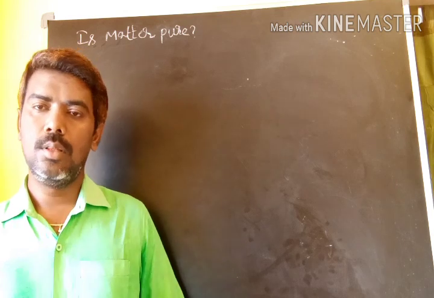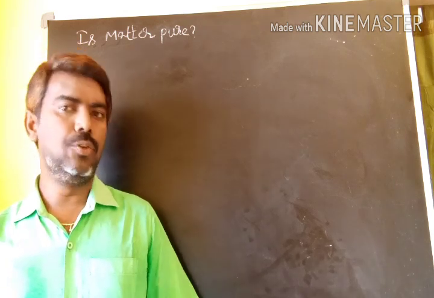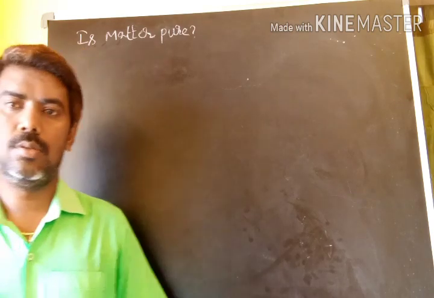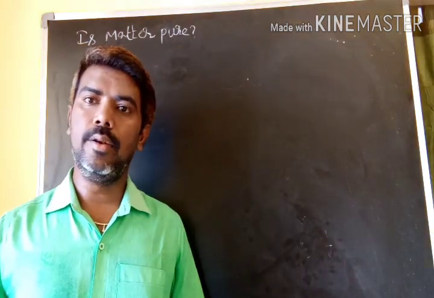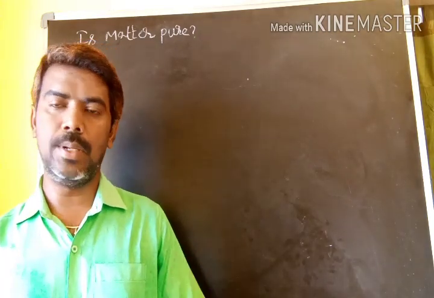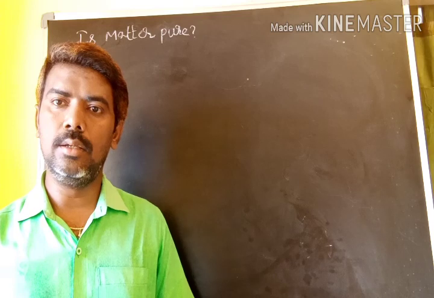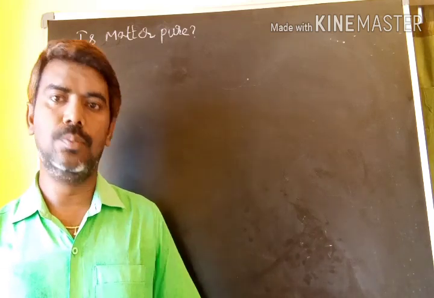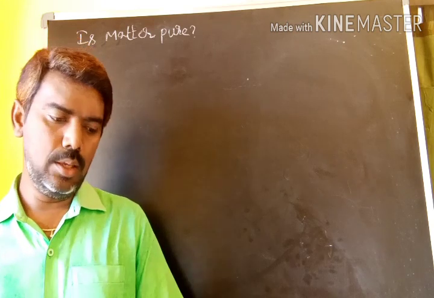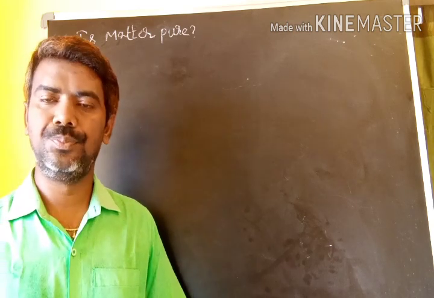For example, air is a combination of several materials: nitrogen gas, oxygen, carbon dioxide, dust particles, and a small amount of noble gases. That's why air is called a mixture.